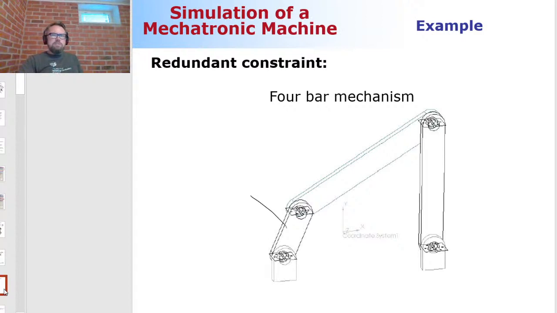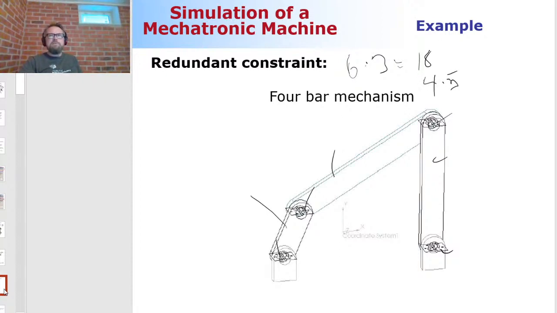So in three-dimensional space, I have here 1, 2, 3 moving bodies, so it's 6 multiplied by 3 generalized coordinates. That's 18 generalized coordinates. And then I have here 1, 2, 3, 4 revolute joints, so it's 4 multiplied by 5, because a revolute joint is 5 constraint equations. That's 20. So it's a total of minus 2 degrees of freedom.